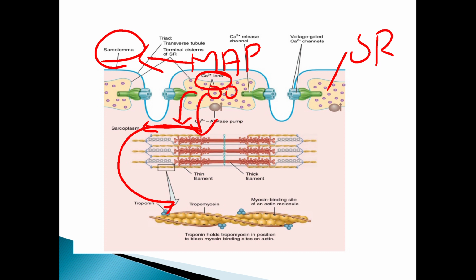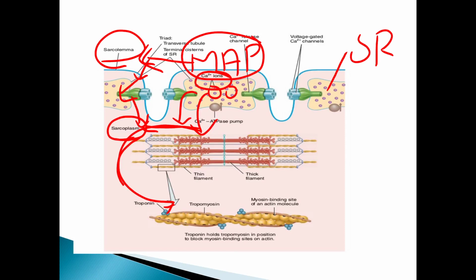So we have the muscle action potential which is reaching the motor end plate or sarcolemma. It travels towards the transverse tubule. You can see over here the transverse tubule. Then it travels into the sarcoplasmic reticulum, which causes release of calcium into the sarcoplasm.